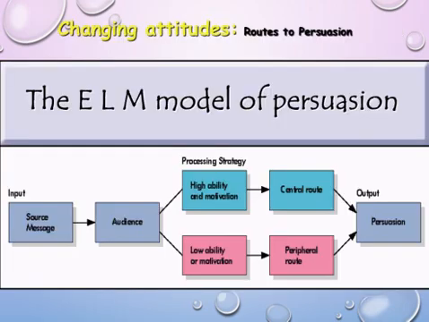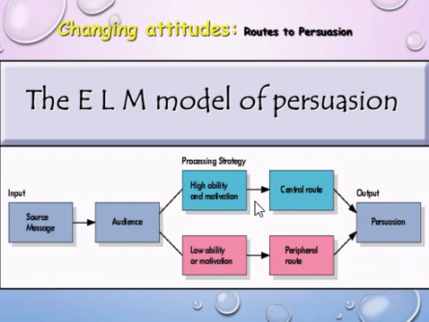So what is this ELM model? We always have a source, somebody saying something. So we always have a source and a message, and always this goes to the audience. But the way the process is happening leads to the persuasion.